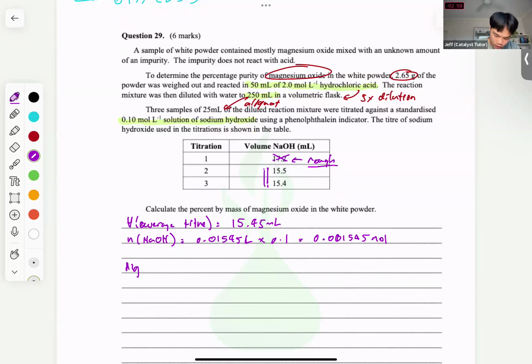An equation is probably going to help us. Anyone got the equation? Quickly read it out or type it out.